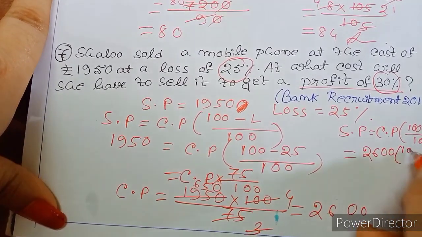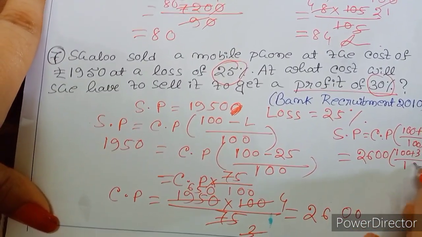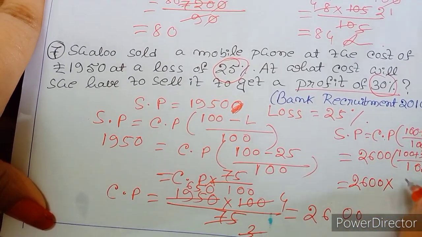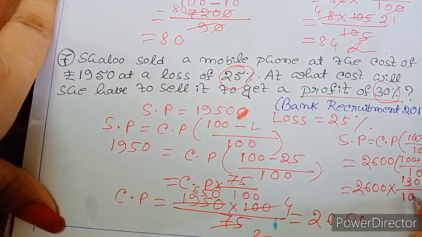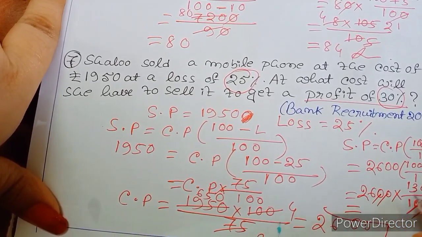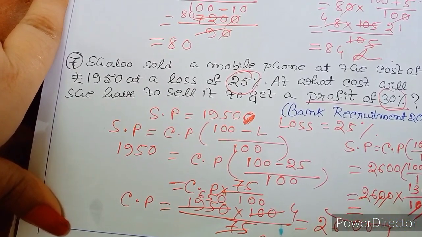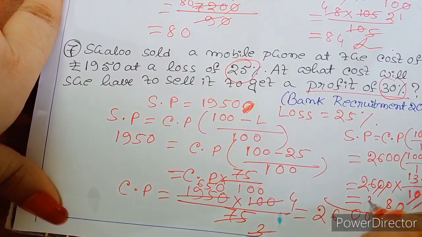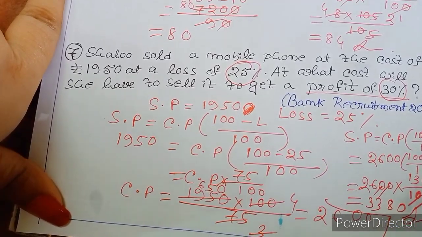So 100 plus 30 by 100. So 2600 into 130 by 100. So 26 into 130 means 3380. So the answer is 3380.